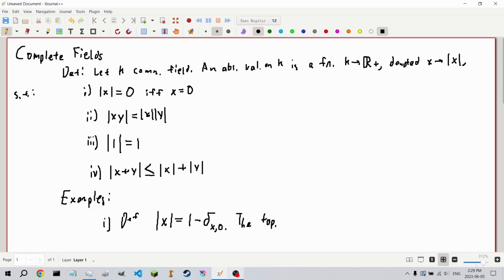The topology induced by this absolute value is discrete. This is the trivial absolute value.